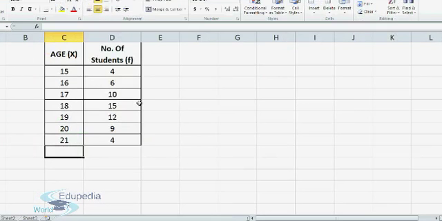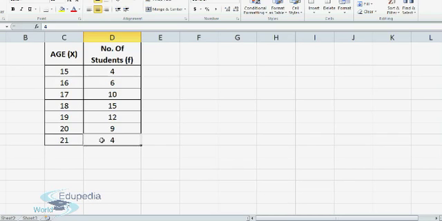Alright, so here we have a data giving the age of a certain number of students and the number of students in each class. So let's find out the interquartile range, interpercentile range, quartile deviation, percentile deviation, and finally the coefficients of quartile deviation and percentile deviation for this problem.